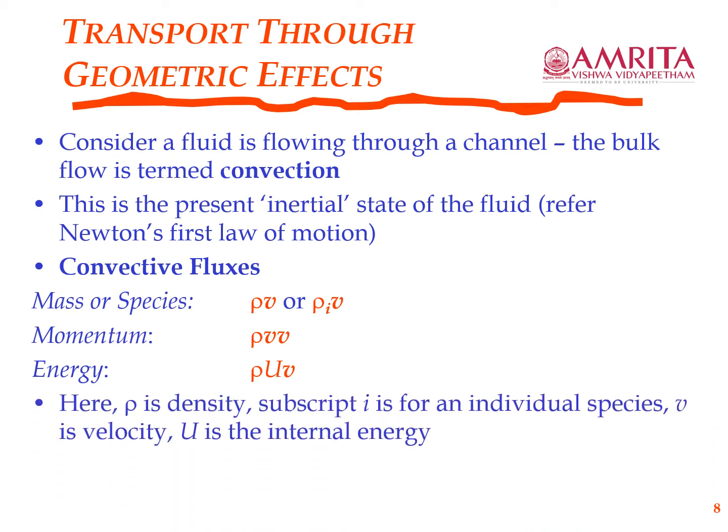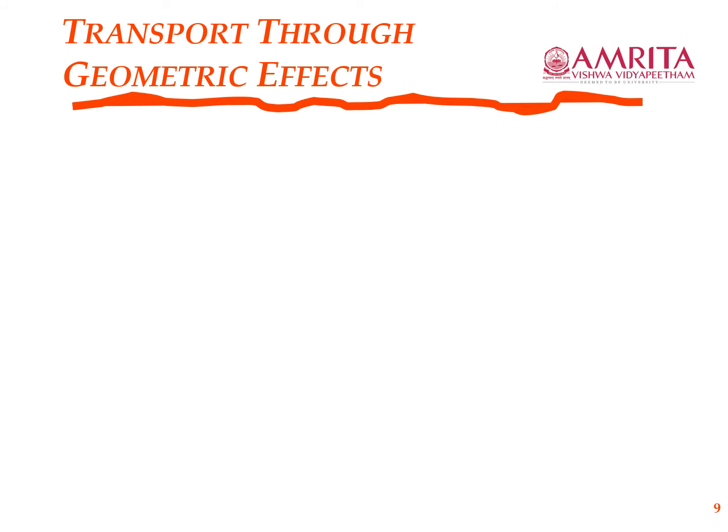So here rho is density, I is the subscript for individual species, v is the velocity, and U is the internal energy. Now we are looking at bulk transport of fluid, and along with it the transport of overall mass and species and energy and momentum, right?